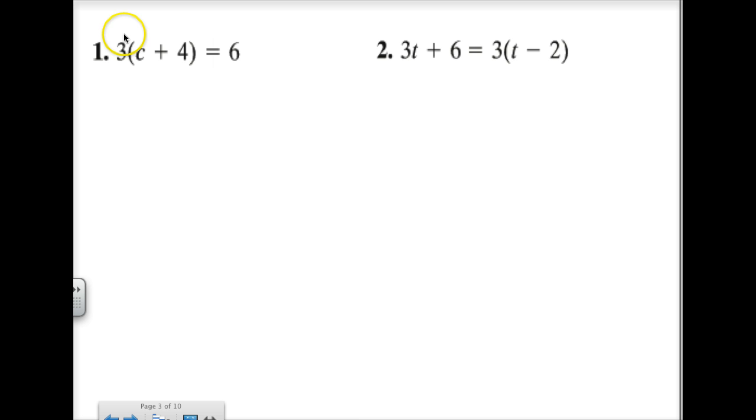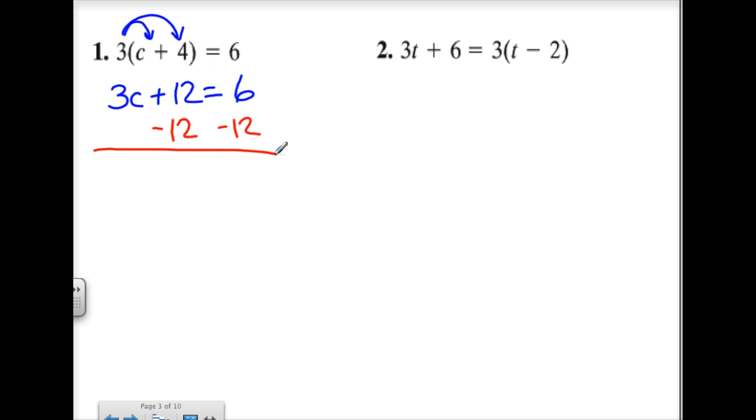In this case, you should use the distributive property, which means that I'm going to take 3 times c to give me 3c, 3 times 4, which is 12, and I have that equal to 6. It's a two-step problem, so I'm going to undo the plus 12 by subtracting 12 on both sides.